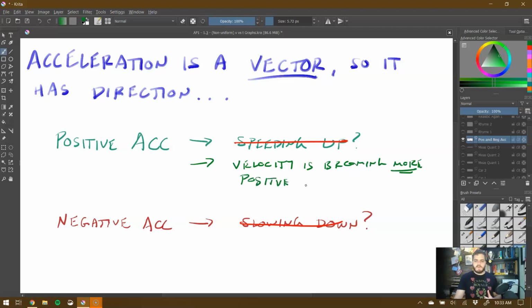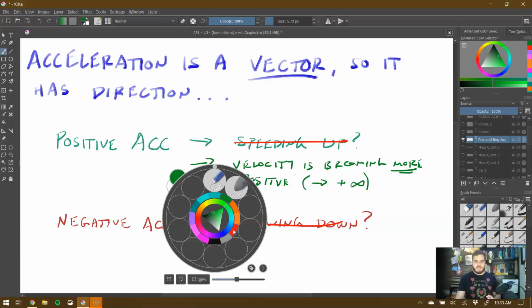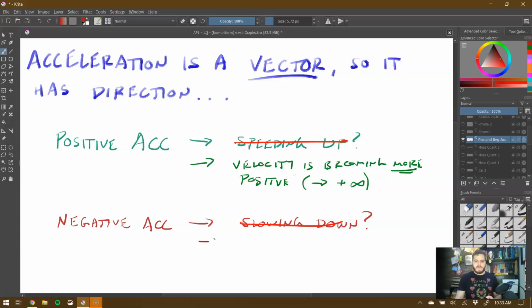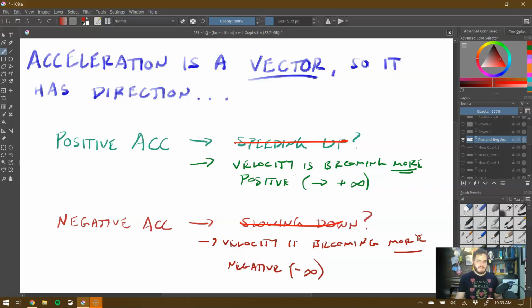Or in other words, the velocity is going to positive infinity. And a negative acceleration is really telling us that the velocity is becoming more negative, or it is going to negative infinity.